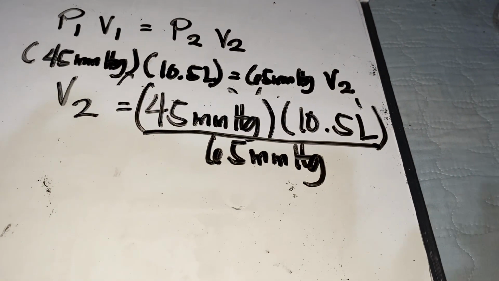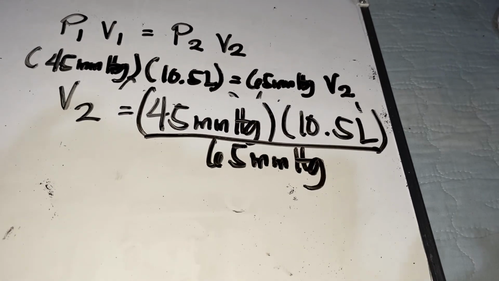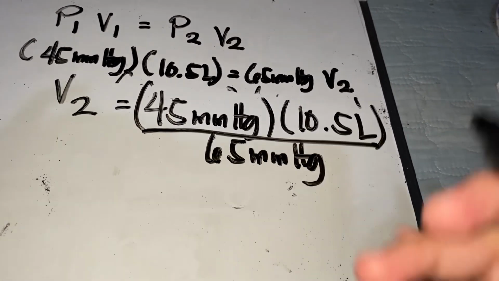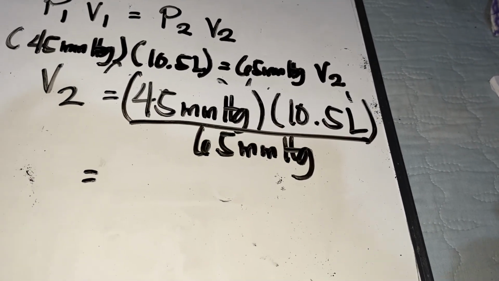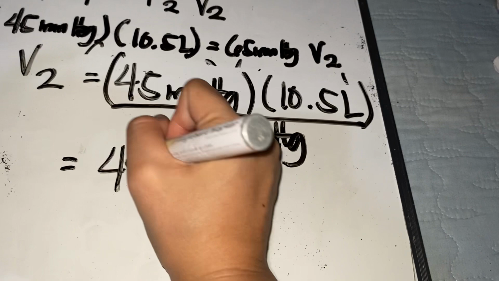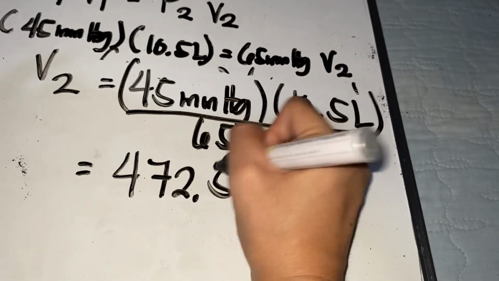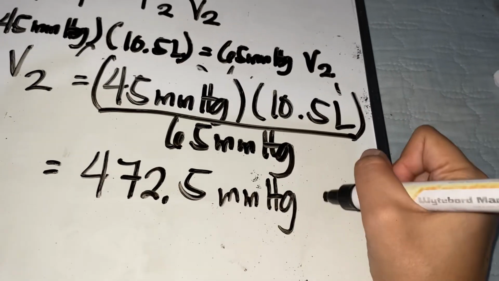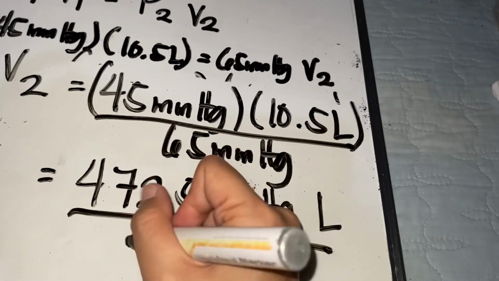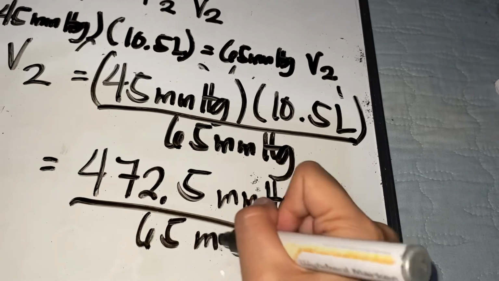Next step is to simply multiply the value of P1 and V1. So 45 times 10.5, we have 472.5. And then just copy the units of measure over 65.